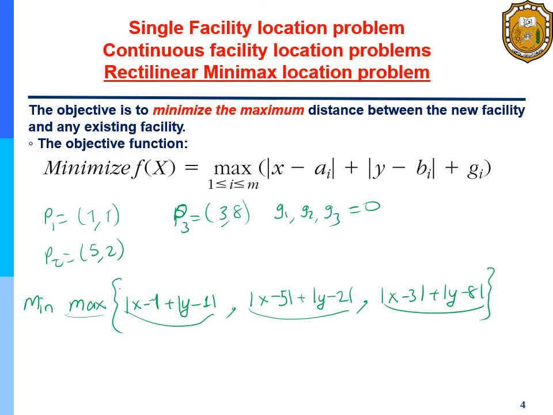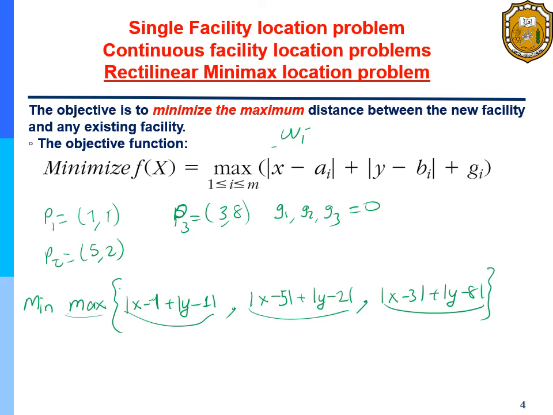And in this question, observe one thing: we don't have Vi in front of them. We don't have the weights. Actually, you could have these weights. But the thing is, we will learn a solution procedure to solve such problems, and that solution procedure works only if there are no such weights, or if all the weights are equal to 1.